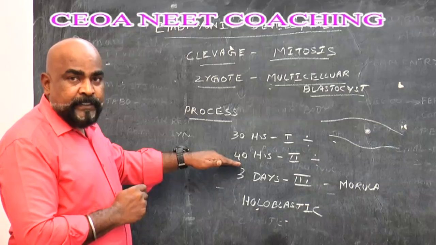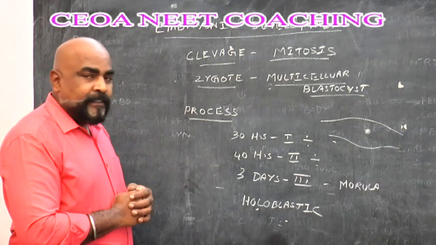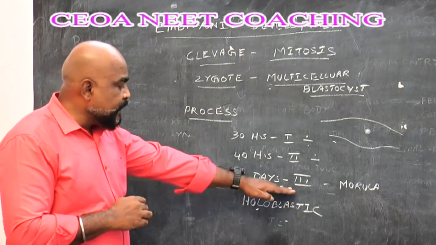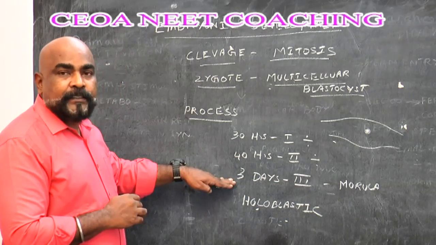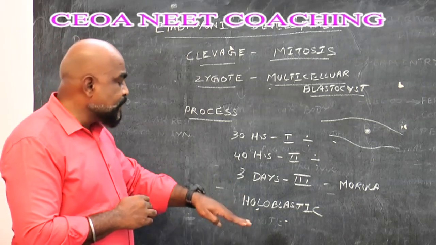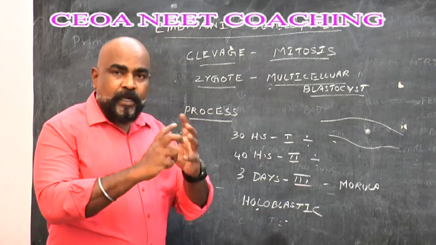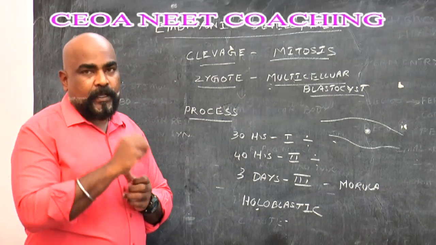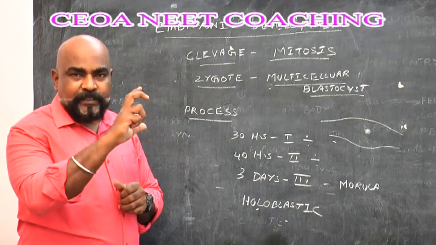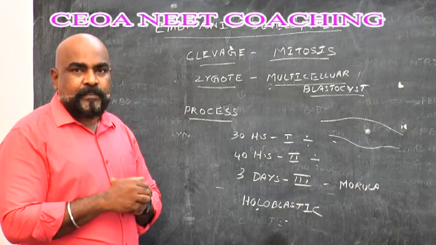The second division happens in the 40th hour, which results in 4 cells. And the third division takes place on the third day and it results in a solid mass which is called a morula. I will be showing you some diagrams which will give you clarity about what's happening during this process.